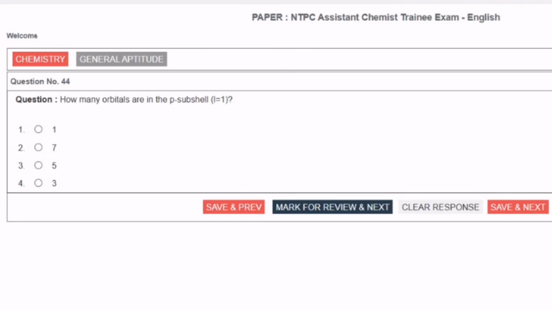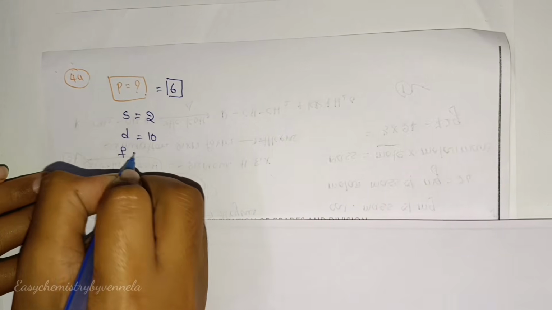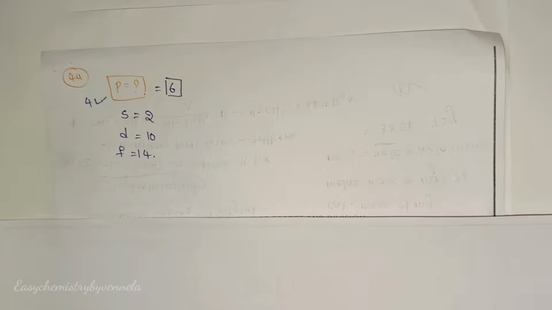Aluminium is the correct one. Next question. How many orbitals in the p subshell? This question is already explained in the previous video. Please check it once. P orbital how many? 3 orbitals, 6 electrons. If they ask S, 2. D, 10. F, 14. So in this, correct option is fourth one.